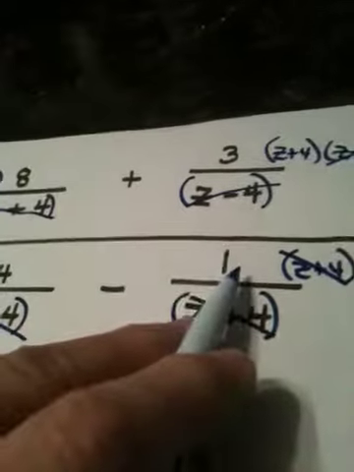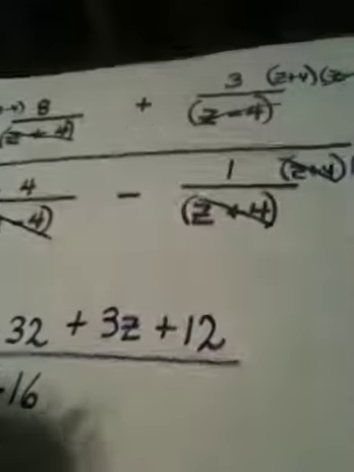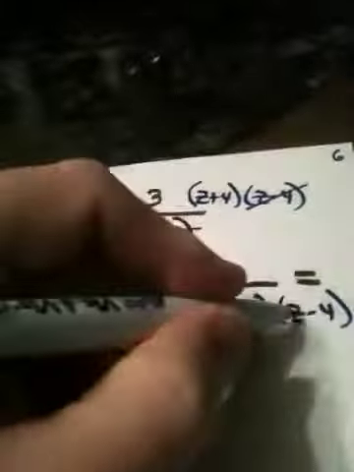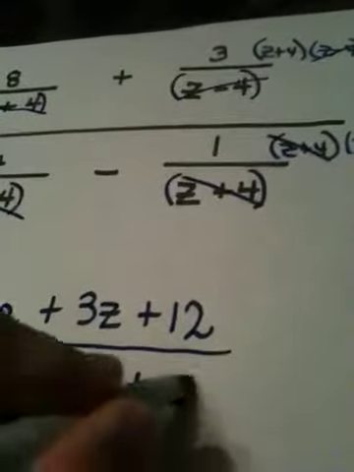I'm not distributing a positive 1, I'm distributing a negative 1. So, negative 1 times z is a negative z, and negative 1 times negative 4 is a positive 4.